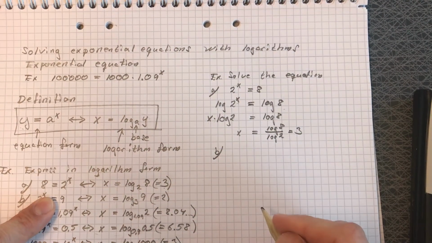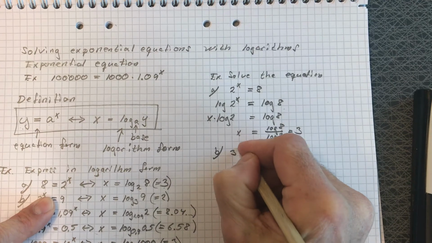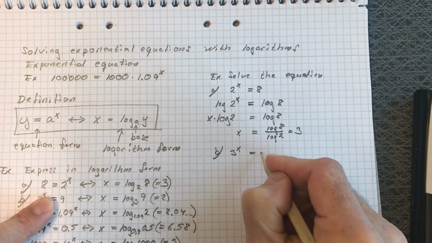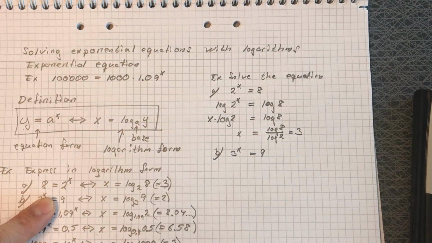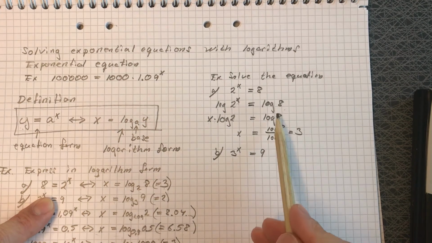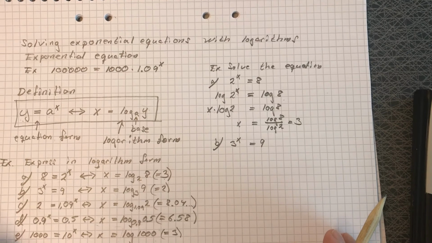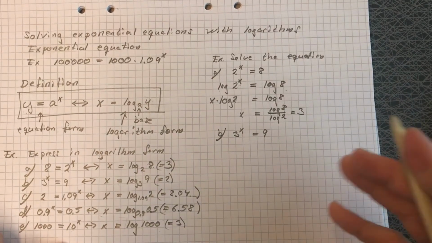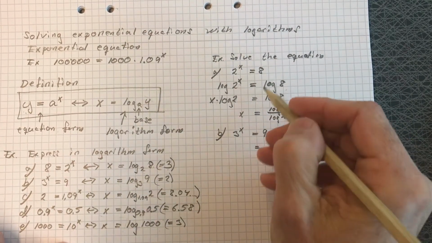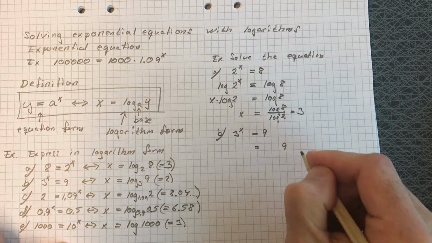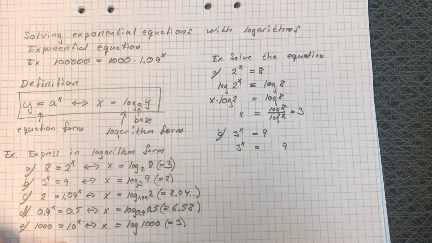Okay, let's see if you can solve 3 to the power of x is equal to 9 using this method. If you want to, you take a pause now in the video. And you see the pattern. How do you do? Well, you start with doing this.